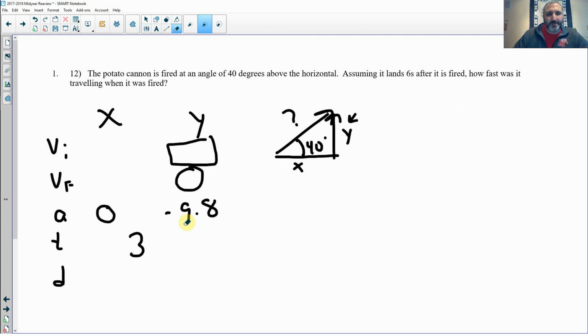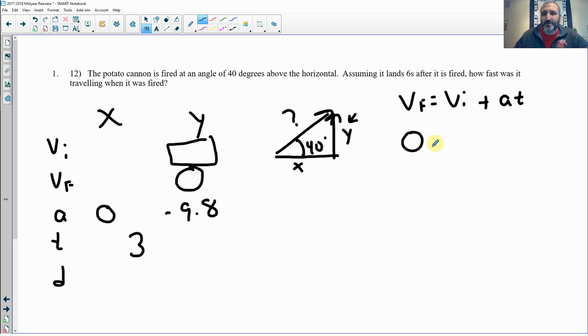Okay? So now, which equation can I use? A VI, a VF, an A, and a T. VF equals VI plus AT. So 0 in the y equals something in the y plus negative 9.8 times 3. Negative 9.8 times 3 should be negative 29.4.